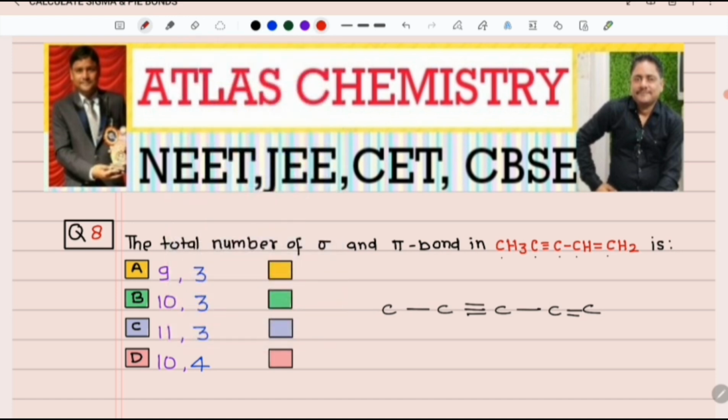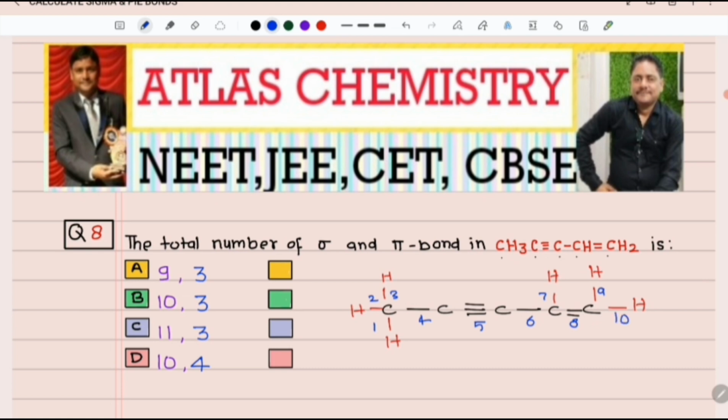Here there is one hydrogen, two hydrogen and three hydrogen. Here is one hydrogen and here is two hydrogen. If we count the total sigma bonds, 1, 2, 3, 4, 5, 6, 7, 8, 9 and 10.